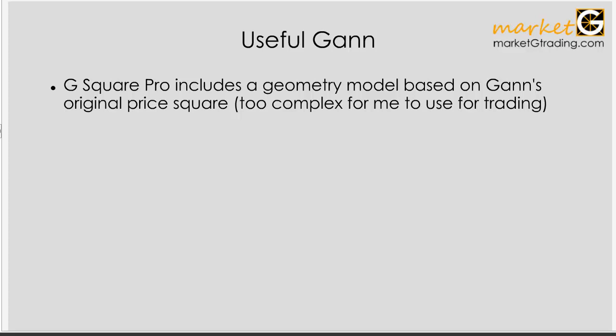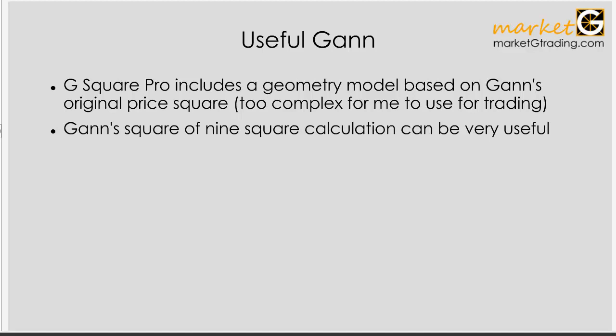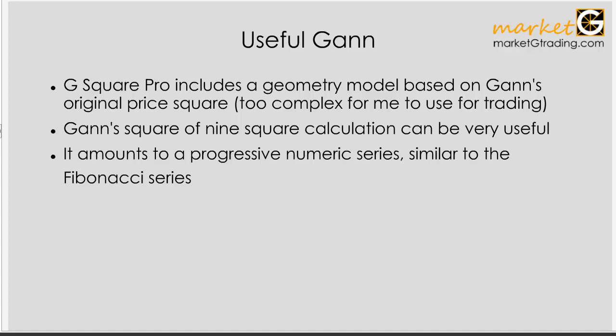G Square Pro does include a geometry based on the Gann original price square, although it's way too complex for me to use for trading. The square of 9 idea is useful though. Basically what it amounts to is a progressive numeric series similar to the Fibonacci series. If there are any rookies out there, there's a lot more to Fibonacci than retracement levels.